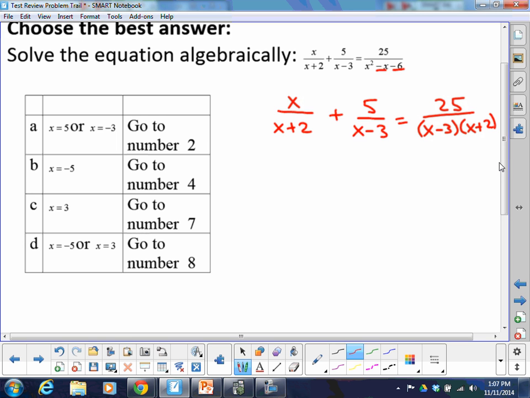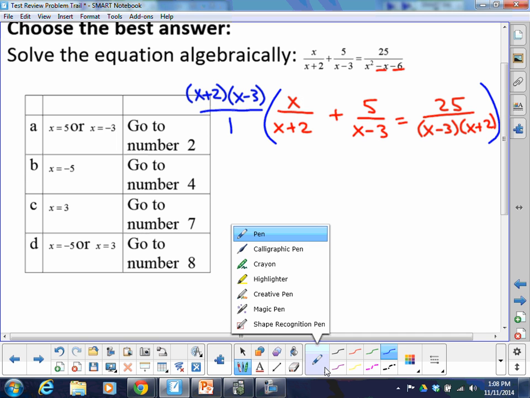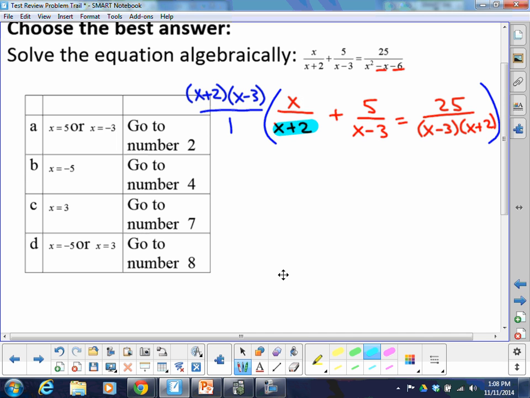So luckily in this case, the denominators on the left, if we look at those individually, are the same as the factors of the denominator on the right. So if I were to multiply this entire problem by both of those, meaning multiply by x plus 2 and x minus 3, thinking of there being a 1 under there, I see that this one's going to get canceled, this one's going to get canceled by the x minus 3.